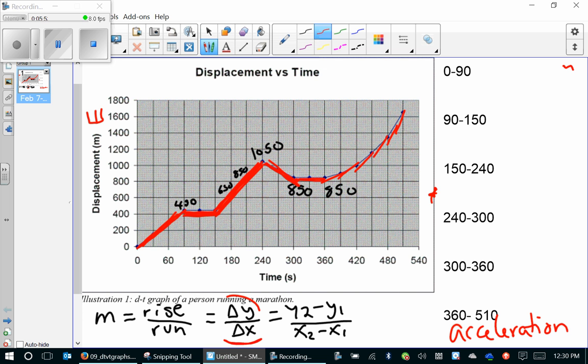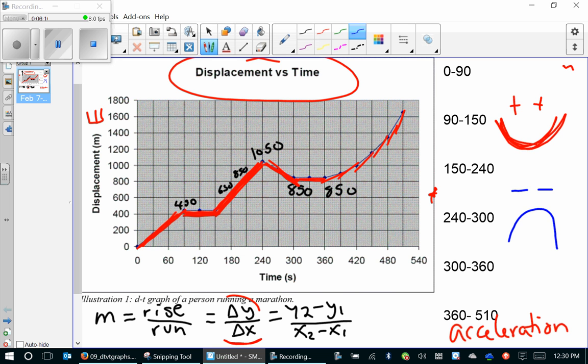Okay, and the way to remember that is anytime we have anything that looks like a smile on a displacement versus time graph, we have positive acceleration. Anytime we had any part that looked like this, we would have a negative acceleration.